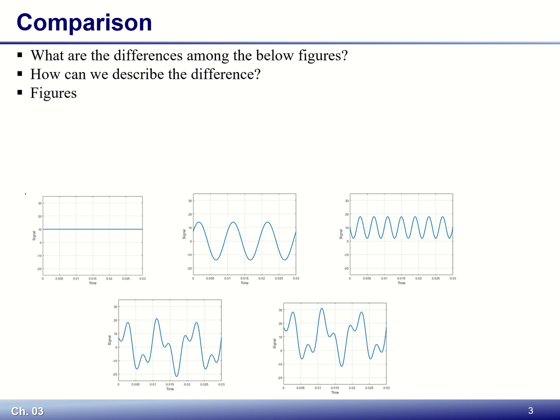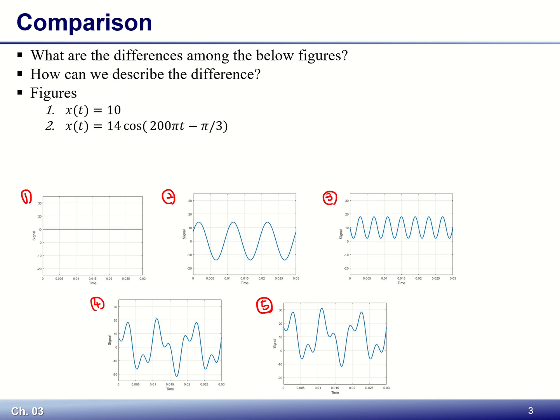There are 5 figures: 1, 2, 3, 4, 5. What we already studied is time domain representation, like x(t) is 10, a constant value.